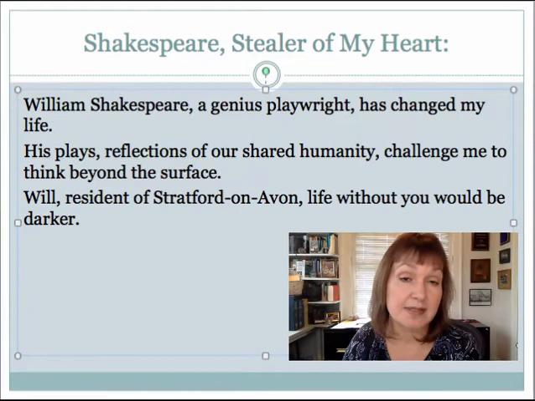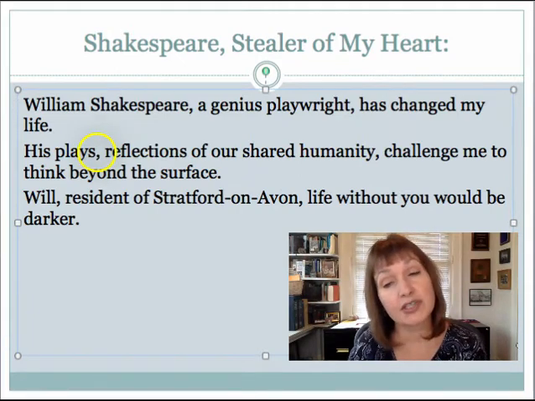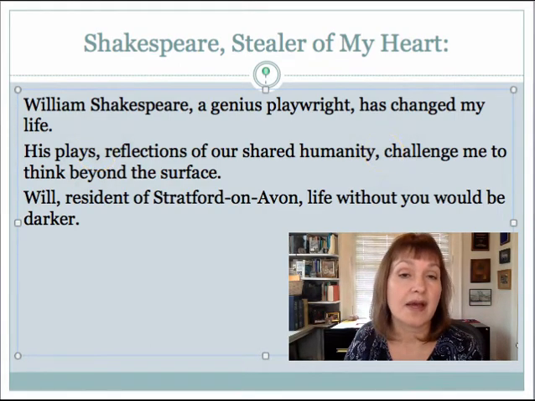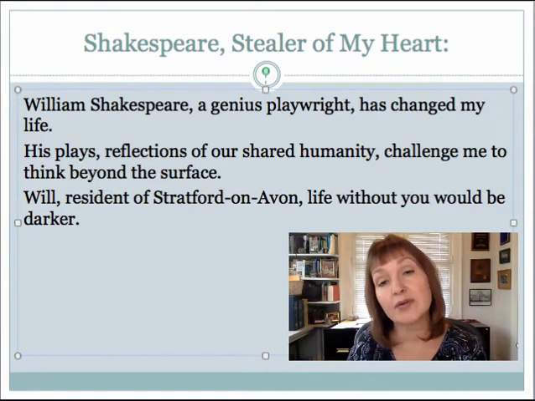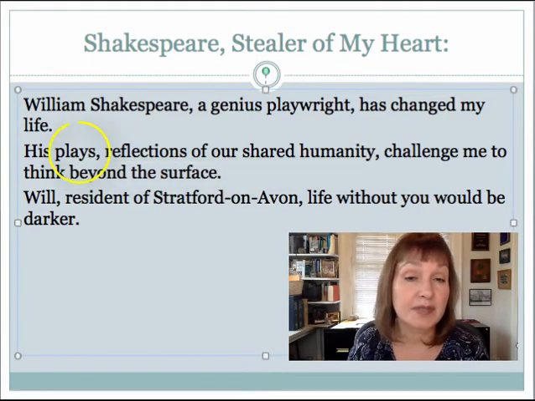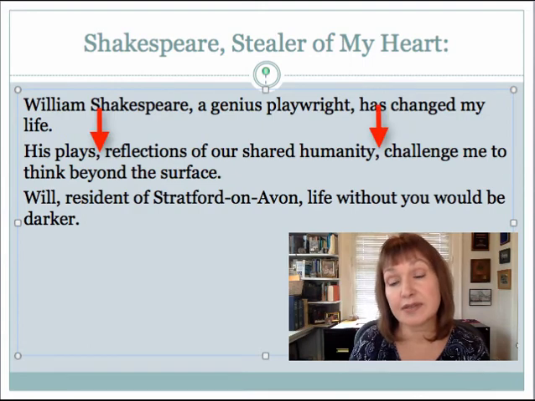Look at the next sentence. His plays, comma, reflections of our shared humanity, comma, challenge me to think beyond the surface. Again, you can see how reflections of our shared humanity is a noun phrase. It describes the plays and thus is an appositive and needs commas around it.